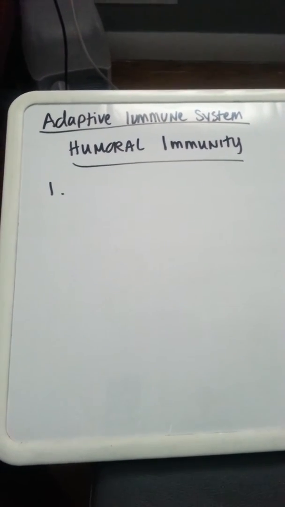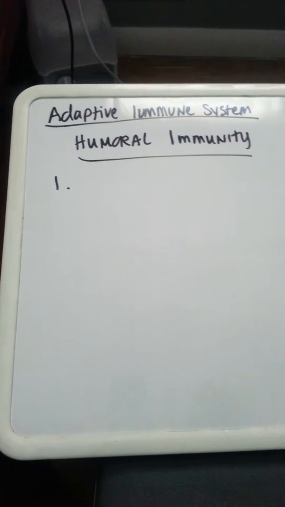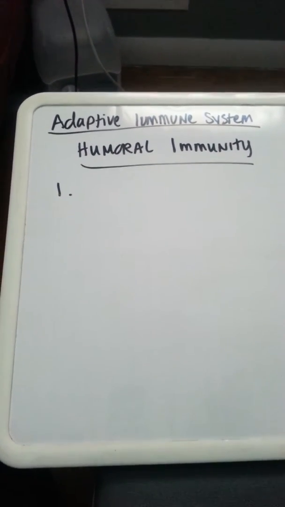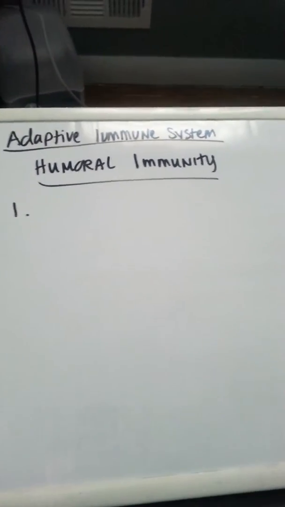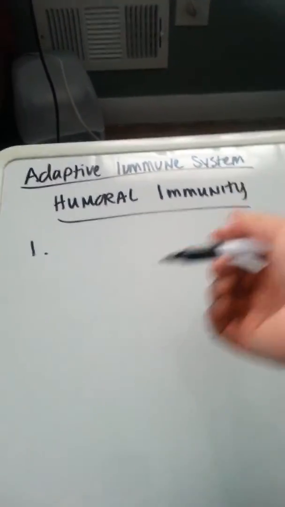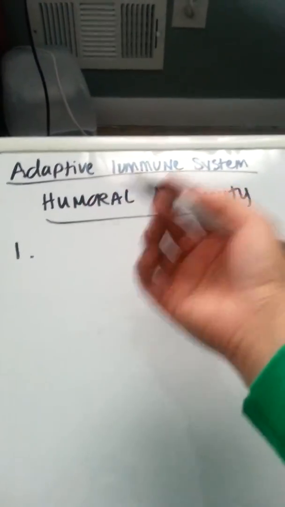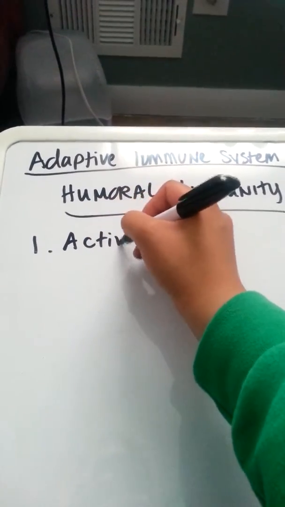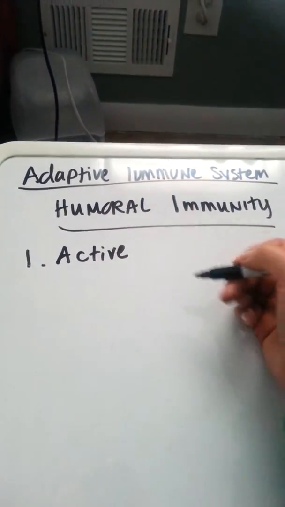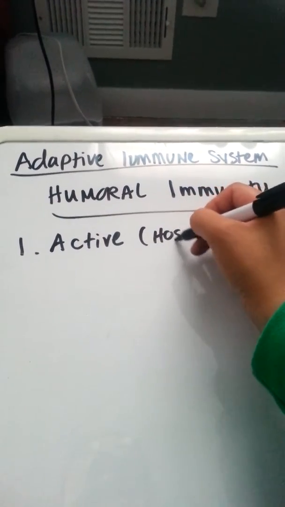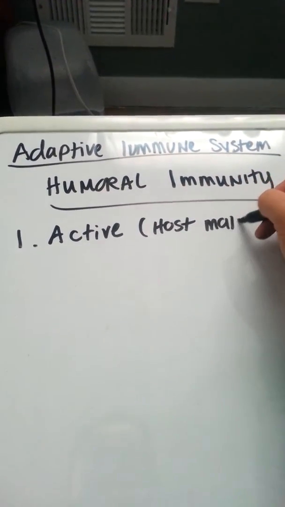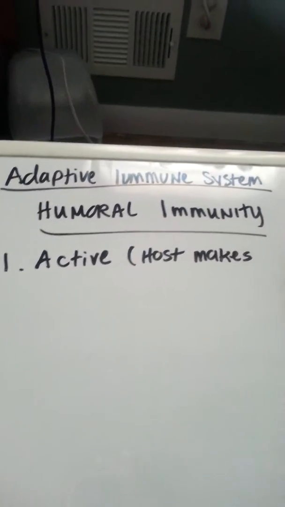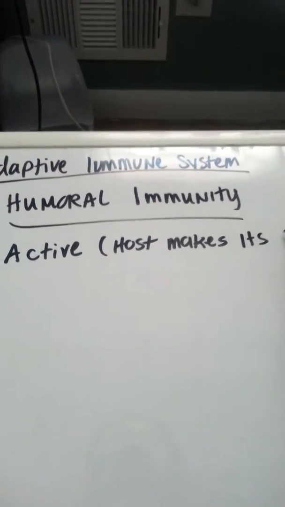If you recall earlier, I said that B cells are also humoral immunity, or antibody mediated. Humoral immunity is broken down into two categories. We have the active, which is where the host makes its own.